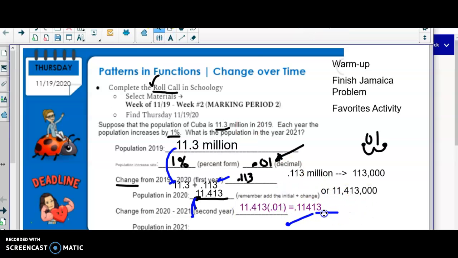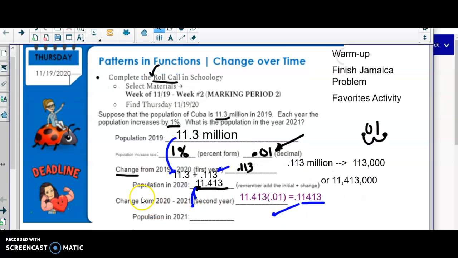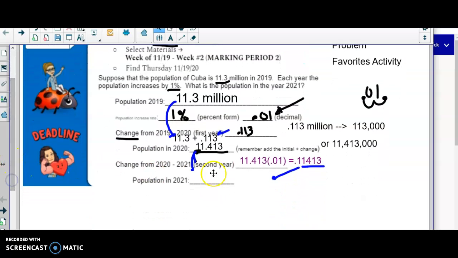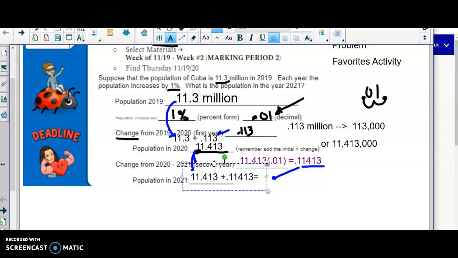So the population is going to be 11.413, which is our original amount, plus our change, 0.11413. We add that up.